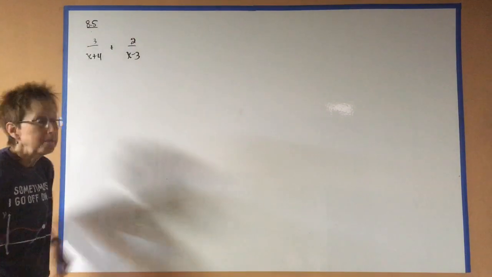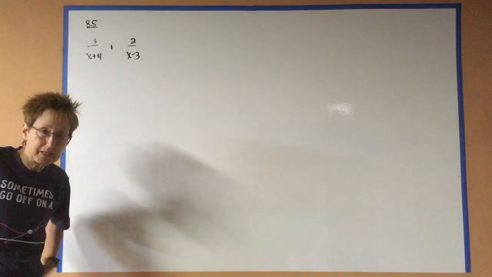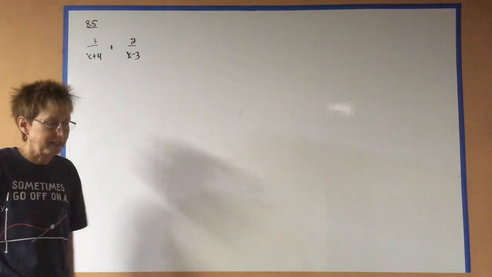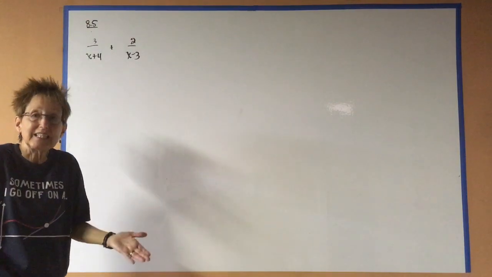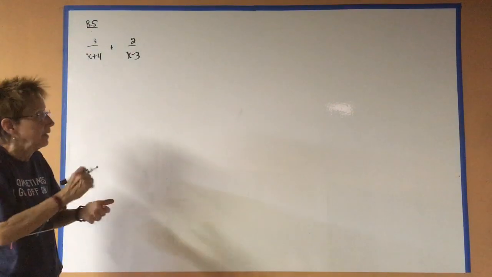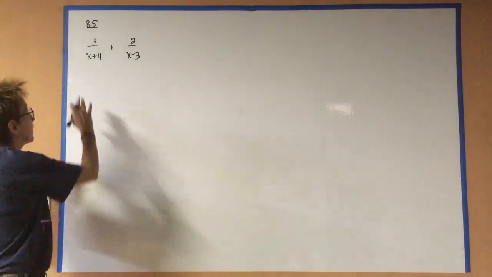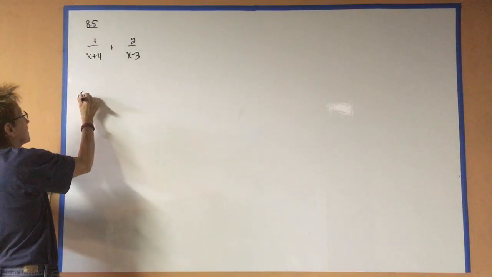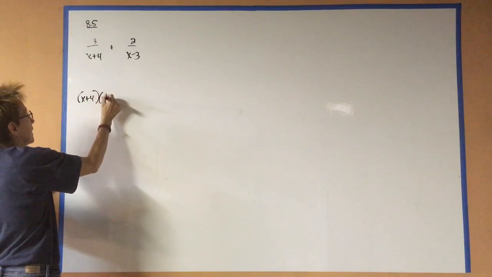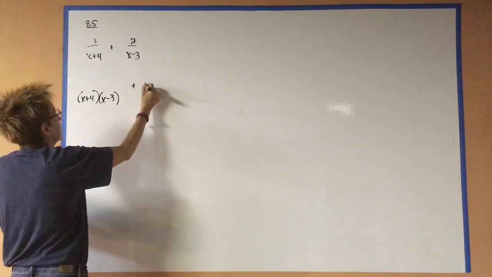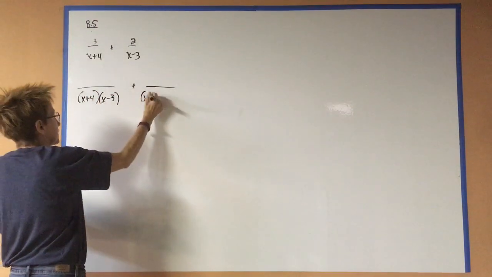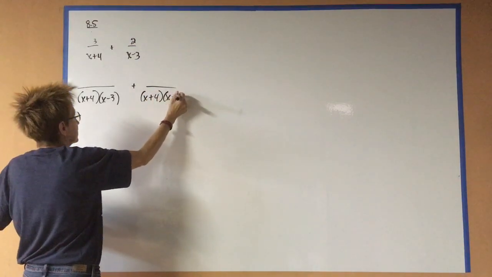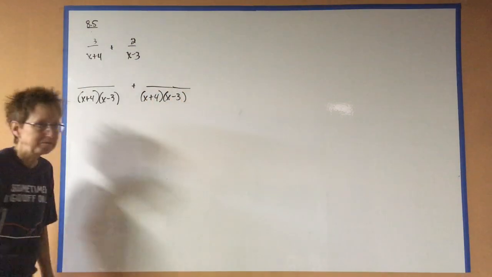And they have no factors in common other than 1, which doesn't help me, which means the LCD would be one of each. So I need an LCD of x plus 4 and x minus 3. This is way back, maybe the review chapter, a long time ago.